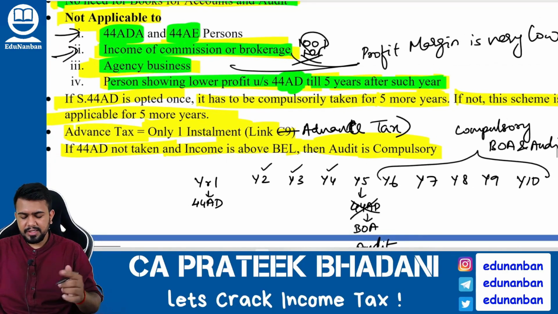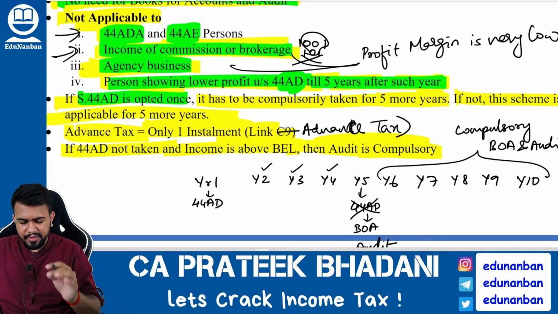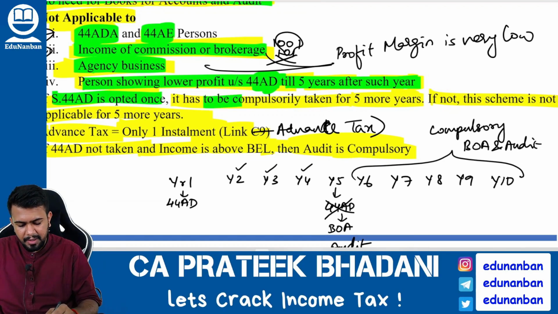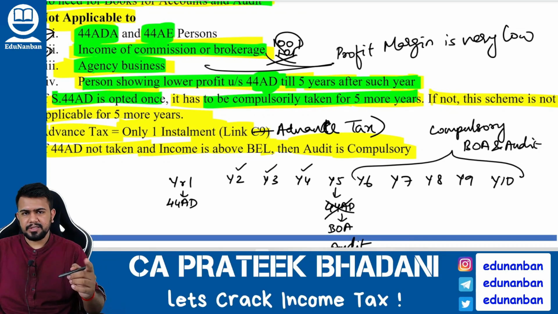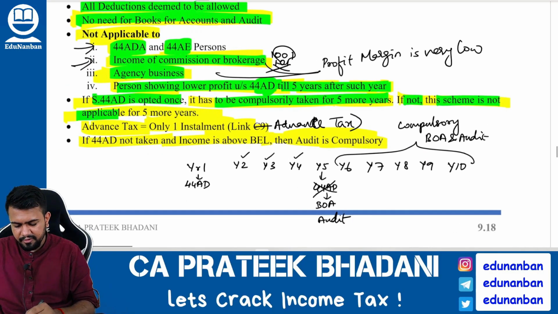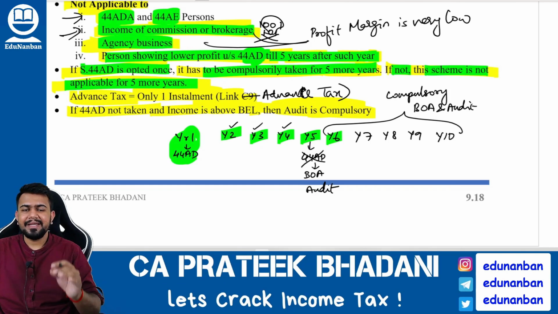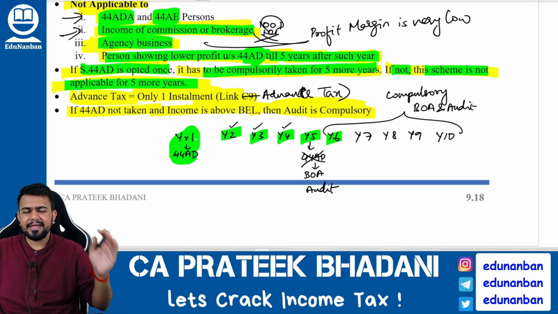So what is the clause? See, if 44AD has been opted once, the assessee has to compulsorily take it for 5 more years. If not, the scheme is not applicable for 5 more years. You get my point? So for example, in year 1 if I took 44AD, then in year 2, year 3, year 4, year 5 and year 6, compulsorily I should take 44AD again and again.